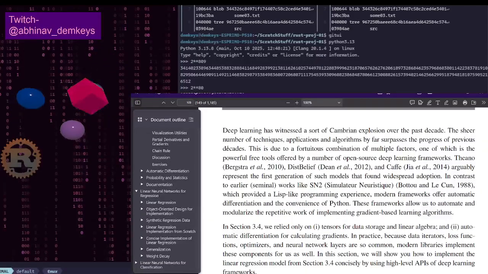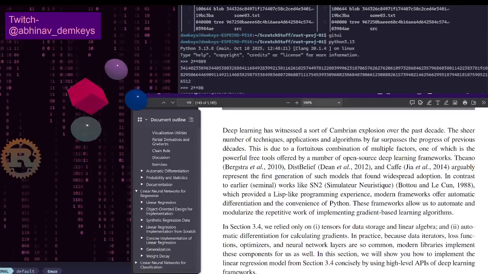I think we are going towards PyTorch now. Theano, I don't know who that is. DistBelief, okay, arguably represents the first generation of such frameworks that found widespread adoption.